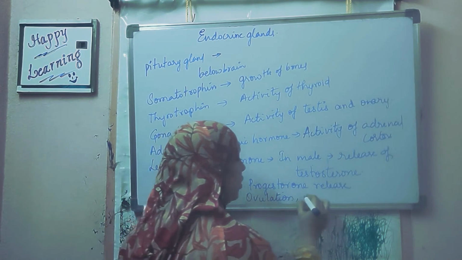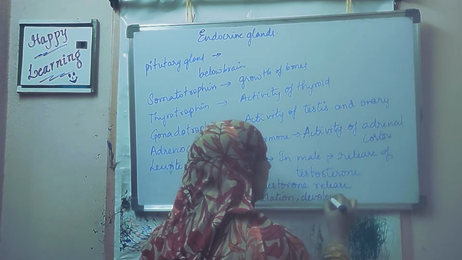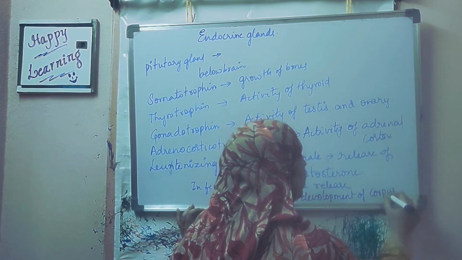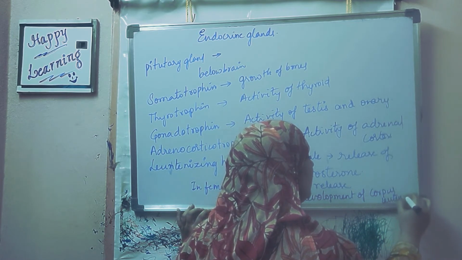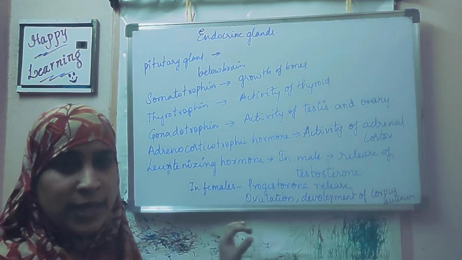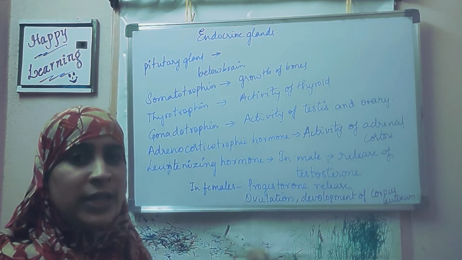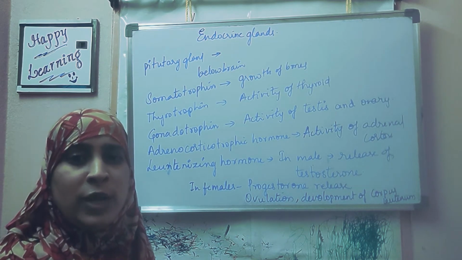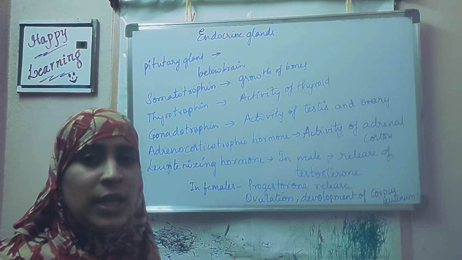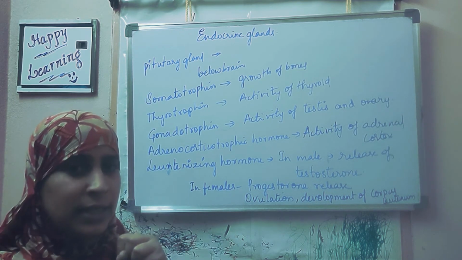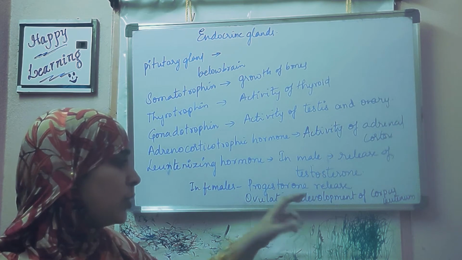And development of corpus luteum. So when I told you about the formation of ovum, I said that the follicle gradually develops to form Graafian follicle. From that, ovum will be released out of ovary, and gradually Graafian follicle will disintegrate and it forms corpus luteum.